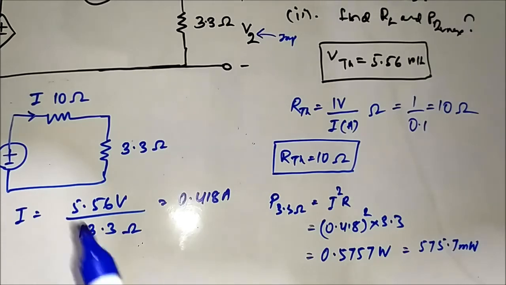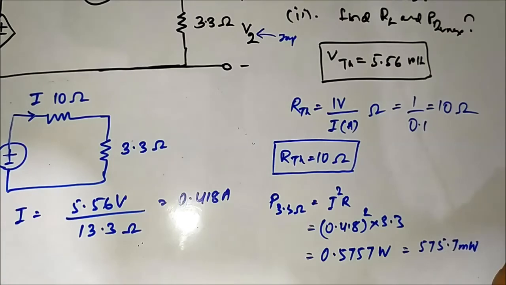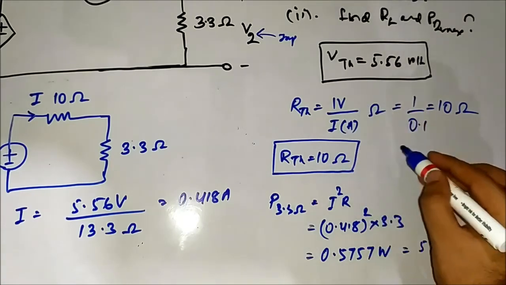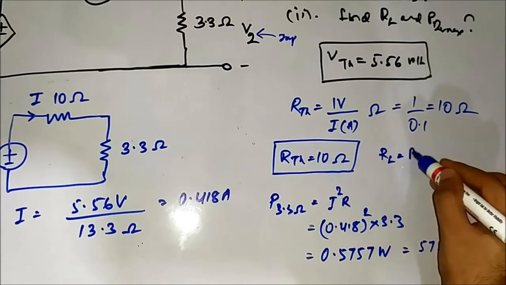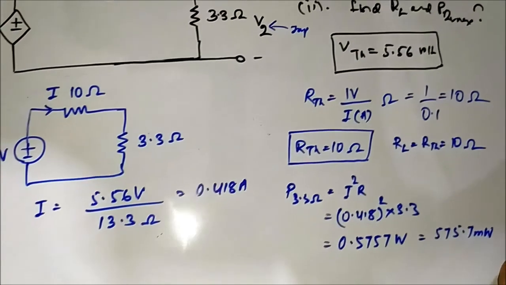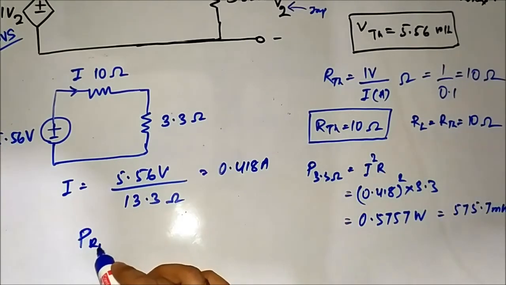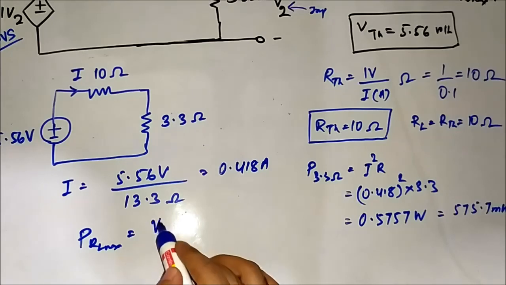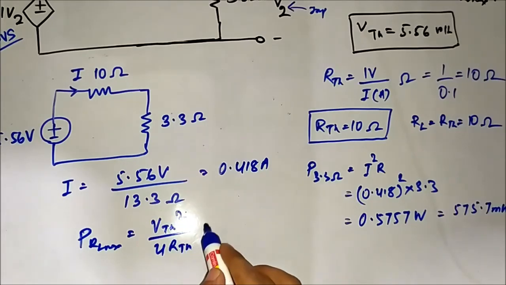Next is to find RL for maximum power transfer. Now we know, as per the statement of maximum power transfer theorem, for maximum power transfer the load resistance should be equal to a Thevenin resistance, which is equal to 10 ohm, and the maximum power transferred, that is equal to PRL max VTH square by 4 RTH.